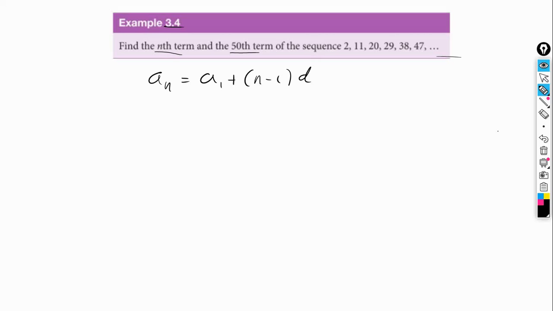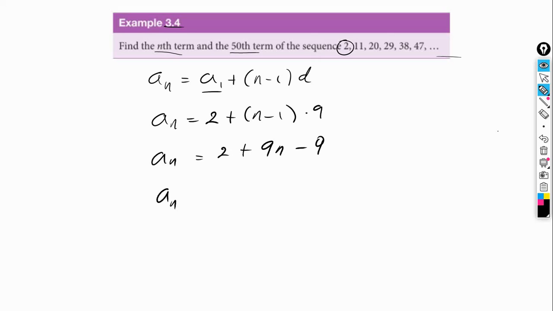So the nth term is a sub n, the first term, which we know here is 2, so 2 plus n minus 1, and in this case times 9, that's the common difference. If we expand this, it's going to be 2 plus 9n minus 9.